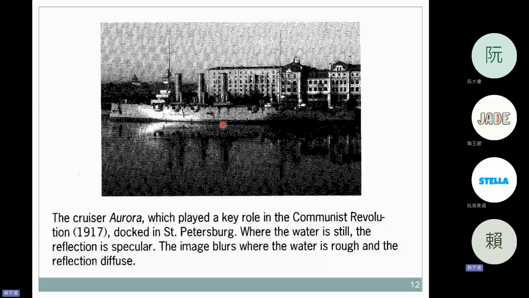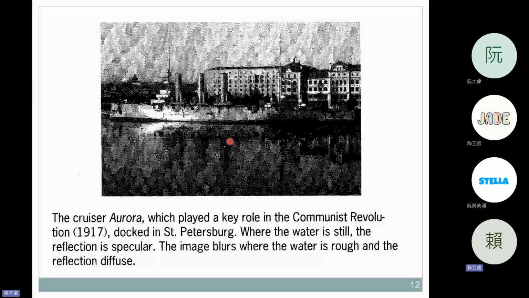If there is no wind, you can easily see a clear image of the nearby house or the ship. But if there is wind, then you will see ripples on the surface of the lake, and the image will become not so clear.